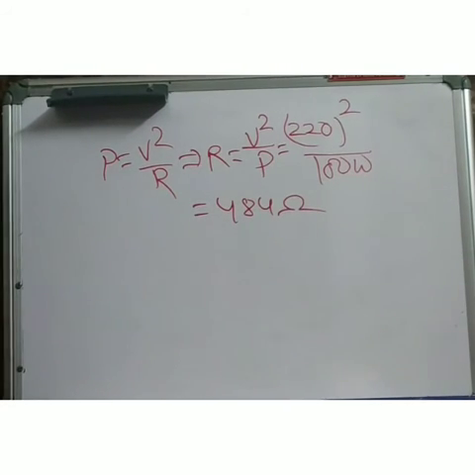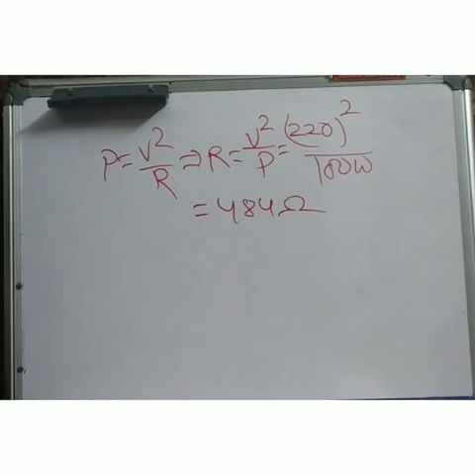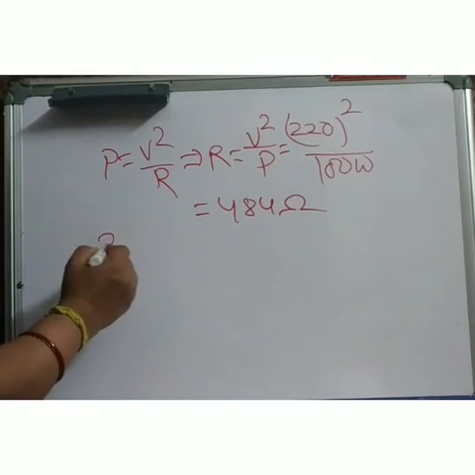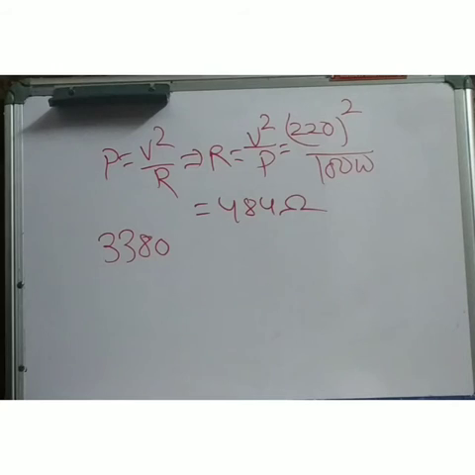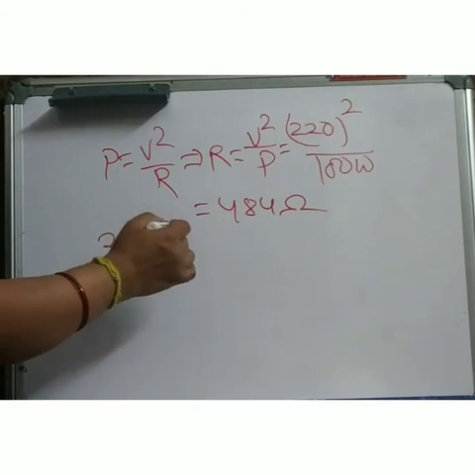Is it clear? You know, in an electric bulb, what filament do we generally use? Generally it is tungsten. Why tungsten? Because it has a very high melting point, 3380 degree Celsius.